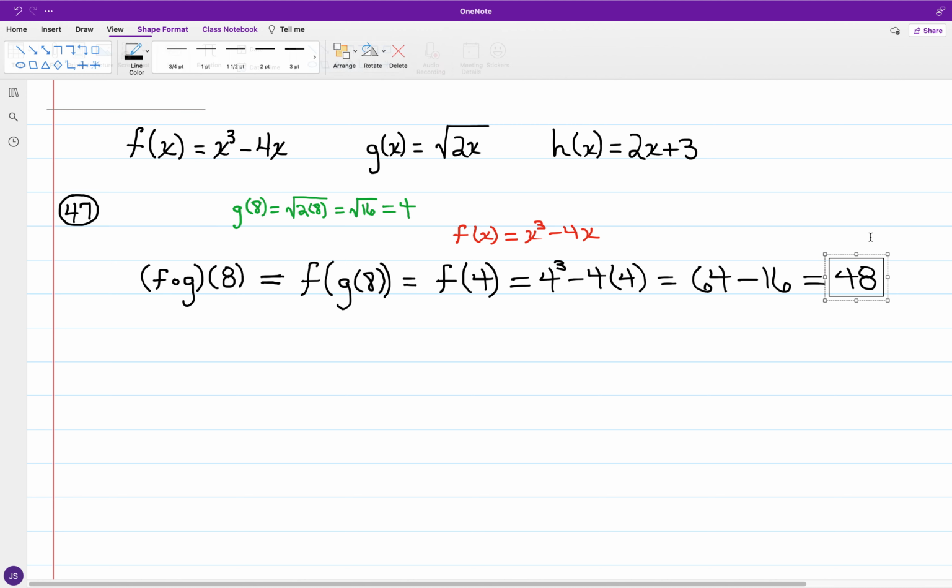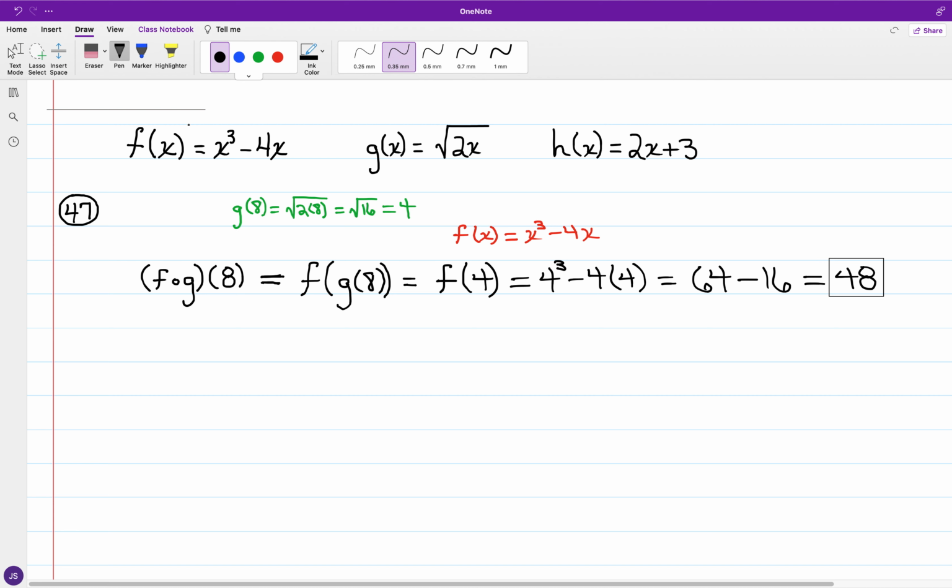All right. Now, in the case of problem 48, we're looking at h composed with g of 2. Again we have h composed with g whenever x is at 2, so this will become h of g of 2.